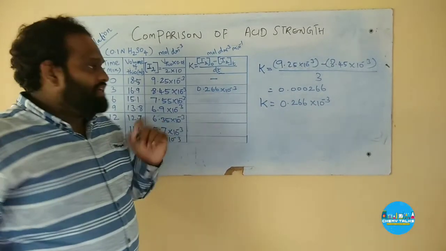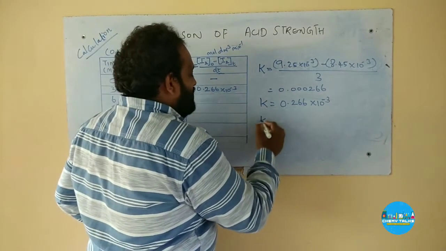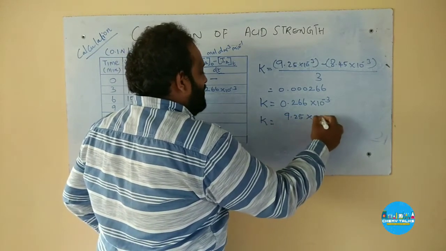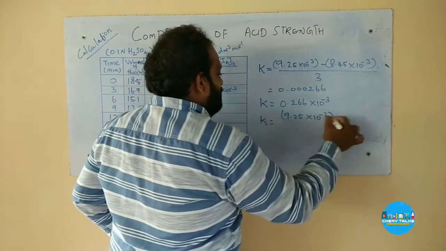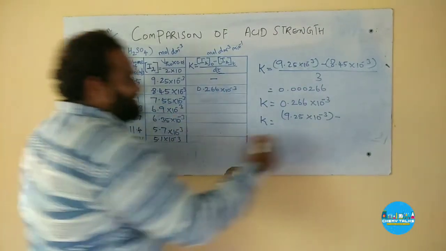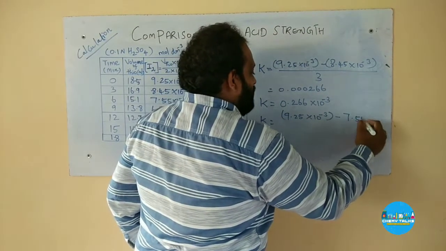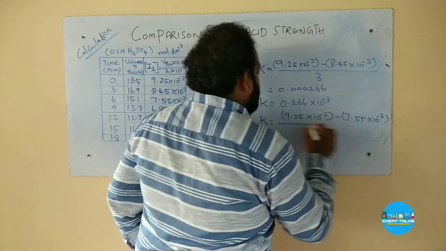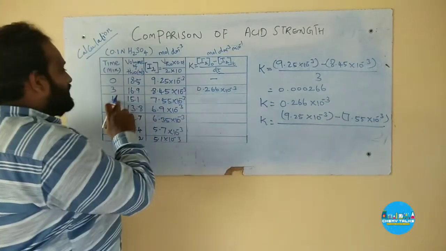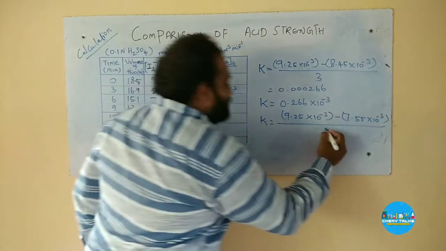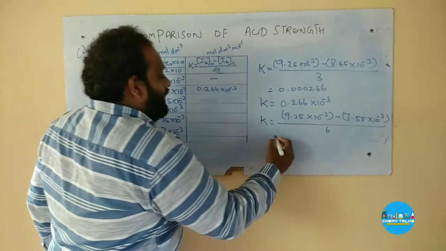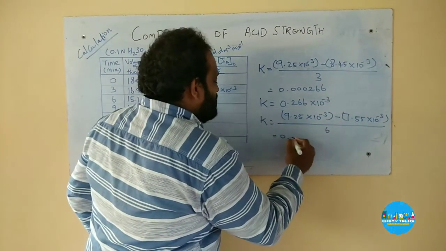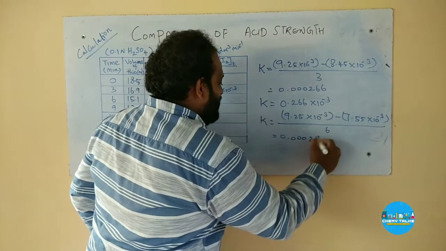After 6 minutes, we can calculate K is equal to 9.25 into 10 power minus 3 minus 7.55 into 10 power minus 3, divided by dt, which is 6 minutes. So we put 6 and we get the value of 0.000283.